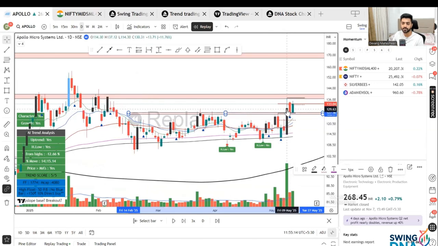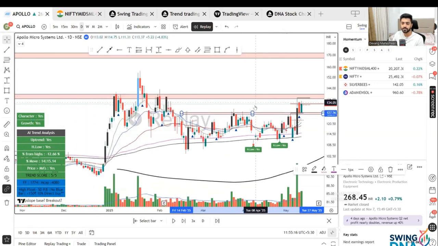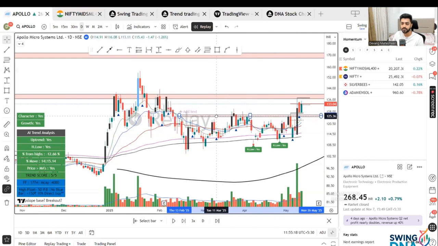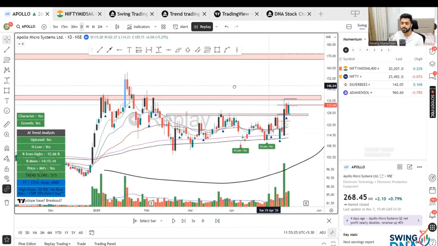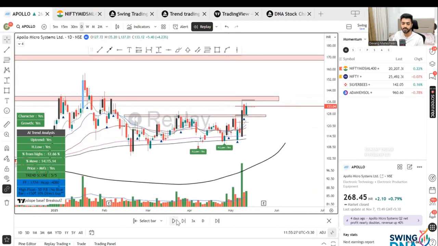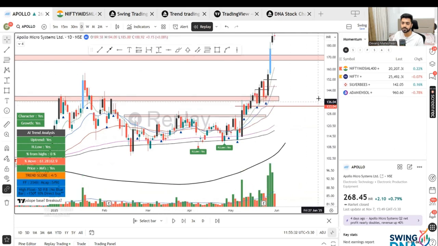A re-entry up here. Or else, one thing, yes, this was very close to the breakout itself. Let's say it failed, your stop loss got hit. Now this is the second time. This worked fine.